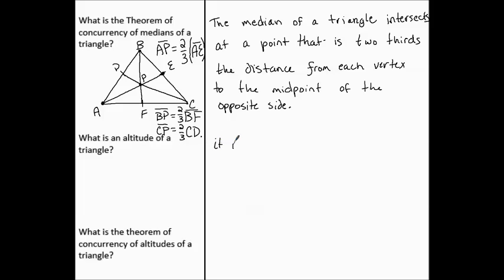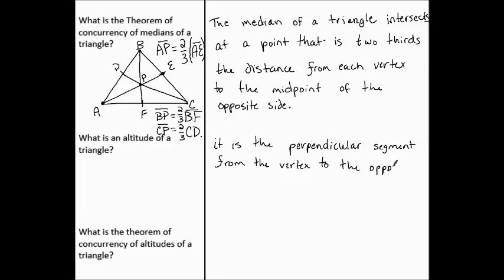The altitude is the perpendicular segment from the vertex to the opposite side, or to the line that contains the opposite side.